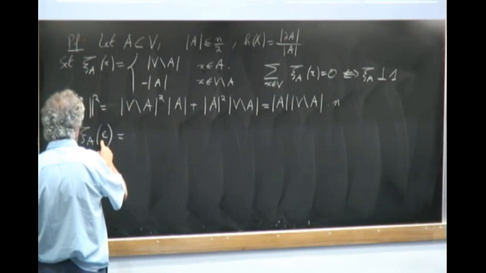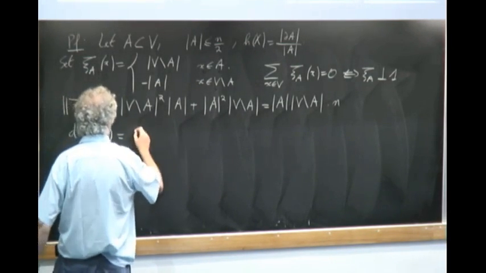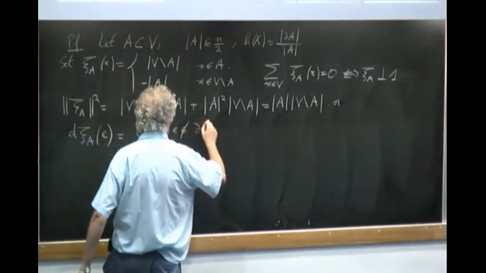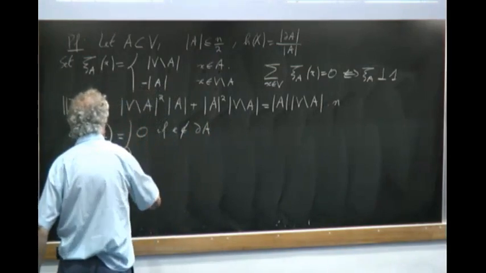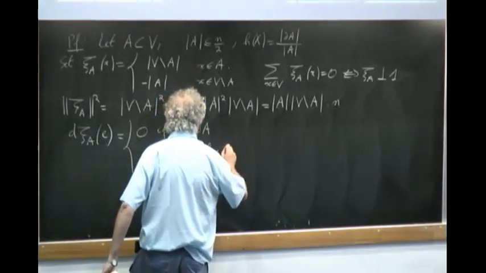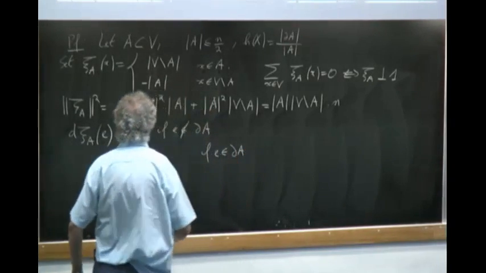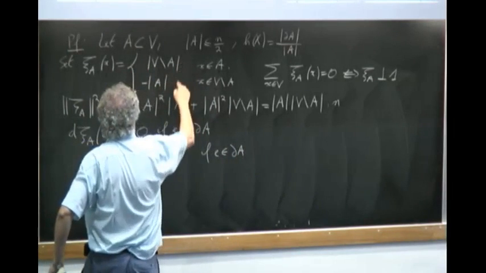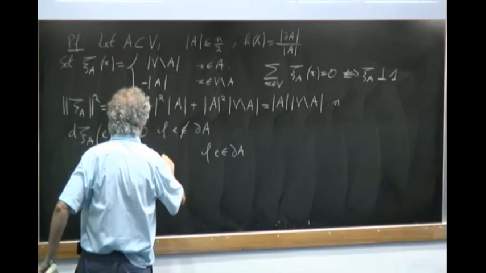So if we evaluate at an edge E, it will be 0 if E is not in the boundary of A. And if E is in the boundary of A, it will be the difference between these two quantities, namely n, up to sign.